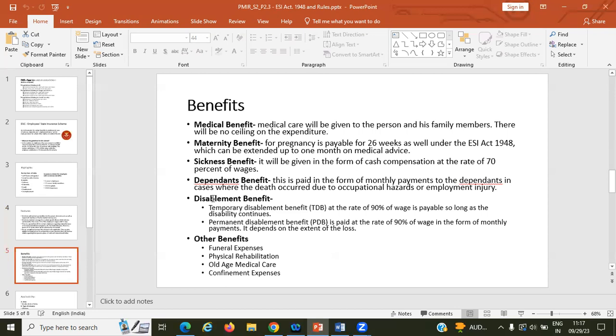What are the benefits? It's similar to the features, but you read it: medical benefits. Whenever you are covered, the treatment and medical care are included. You can be admitted to the hospital and stay there with your family members.